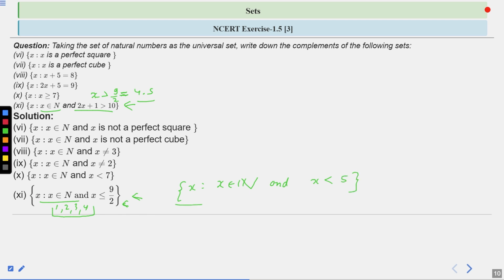You can write it in this manner also for its complement. Clear? You have to explicitly mention that we are collecting x from the naturals, and x is strictly less than 5. These two different set builder forms represent the same set. Okay? Moving to next. I hope all is clear.